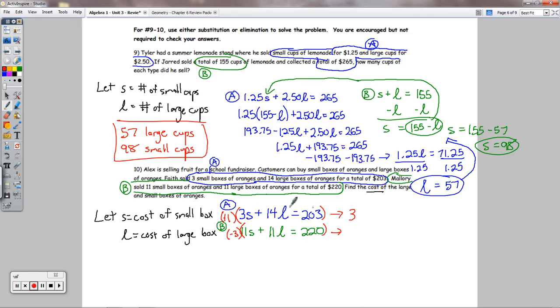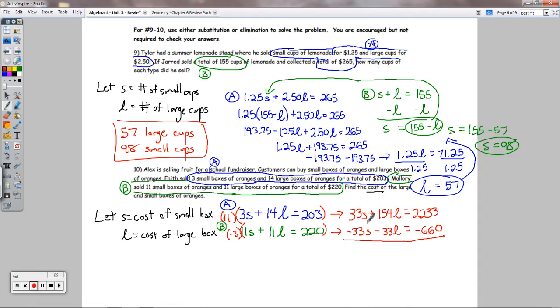So if we do that, multiply both by the numbers you see there, this whole thing distributed through for 11 would be 33s, and we'd have that plus 154l equals 2233. I've done the calculations on that already. And then this one, -33s minus 33l equals -660.